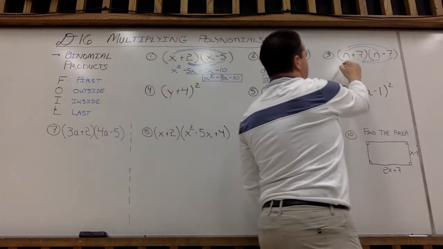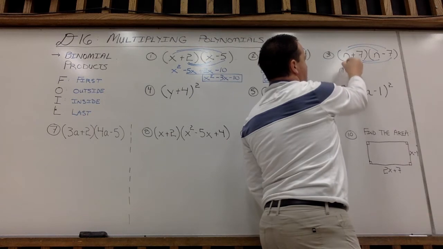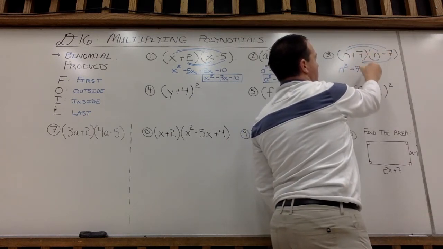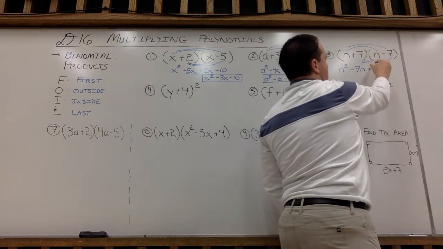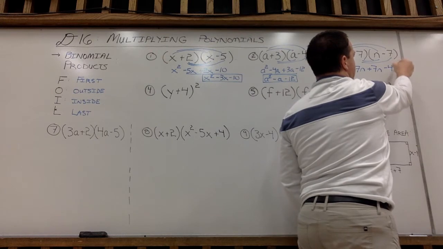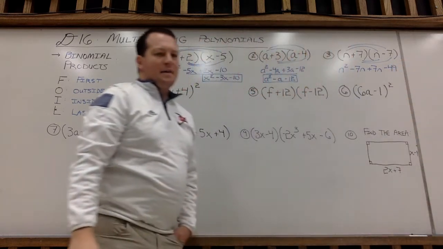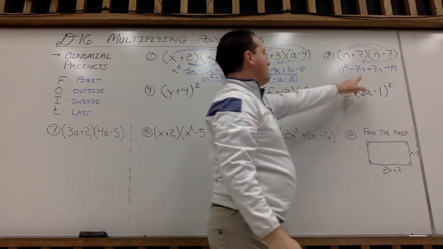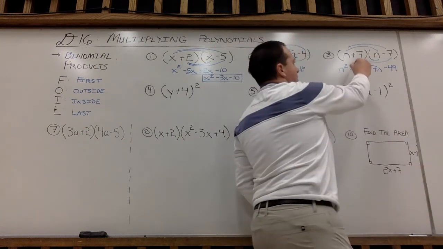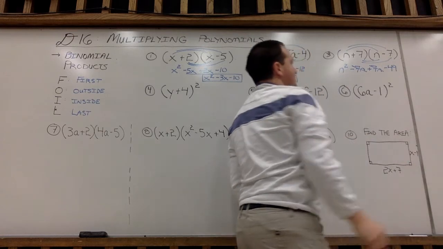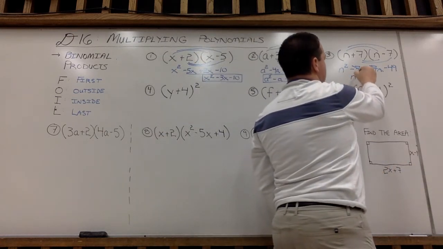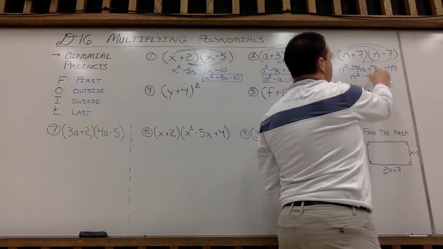So n times n on my first, n squared, n times -7, -7n, 7 times n, 7n, and then 7 times -7, -49. So what I mean by that sum and difference is if you look at your middle two terms, -7n plus 7n, those two are opposites. They make 0, so all we're left with is n squared minus 49.